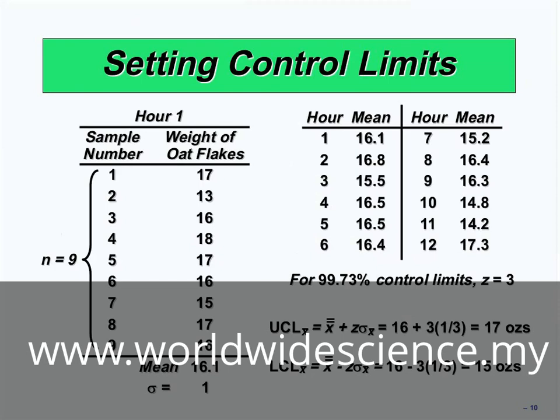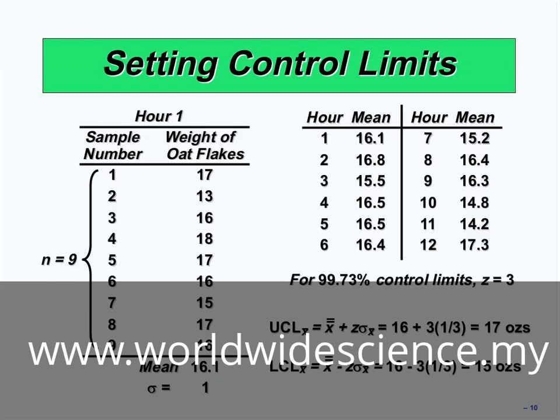So x bar bar plus z sigma x bar. X bar bar is 16 here. Z has been given to you as 3, shown in the table on the right. Sigma x bar is calculated by radical sigma divided by radical n.